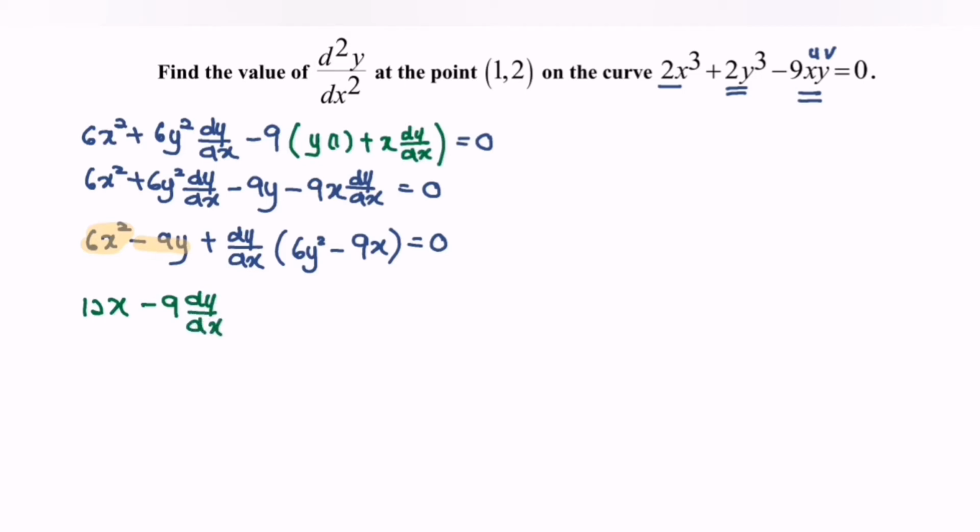Next we have positive, then we let this one become u and this one become v. At first, 6y squared minus 9x, differentiate the u, which is dy/dx, and we will have the second derivative.